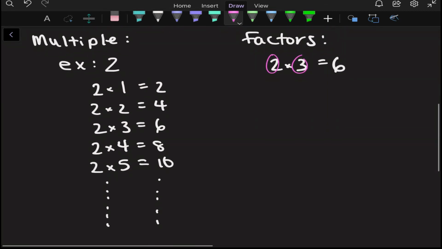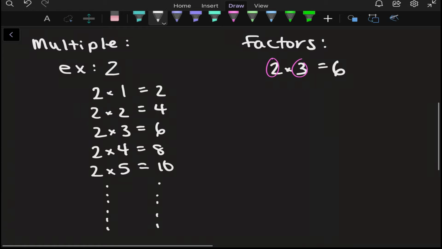If we were to find all the factors of 6, it'd be everything that 6 can be divided by. So 6 can always be divided by 1, and then 2, 3, as we've shown above, and itself. Some key things to remember here is that every number will have 1 and itself in a factorization.